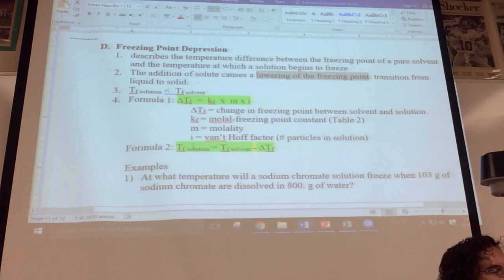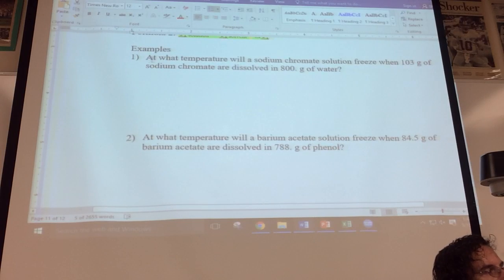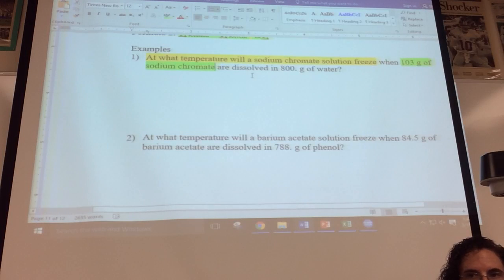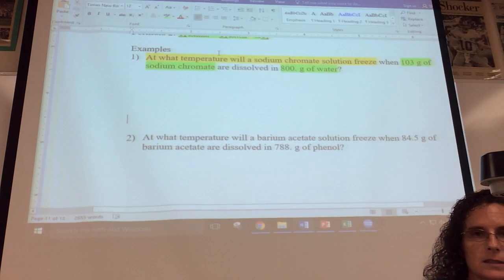You'll calculate it using both formulas as we illustrated already. In this first example, it says at what temperature will a sodium chromate solution freeze? That's what we're looking for. We're going to dissolve 103 grams of sodium chromate, that's our solute, and we're going to dissolve it in 800 grams of water. So let's take a look at how we approach this type of problem.